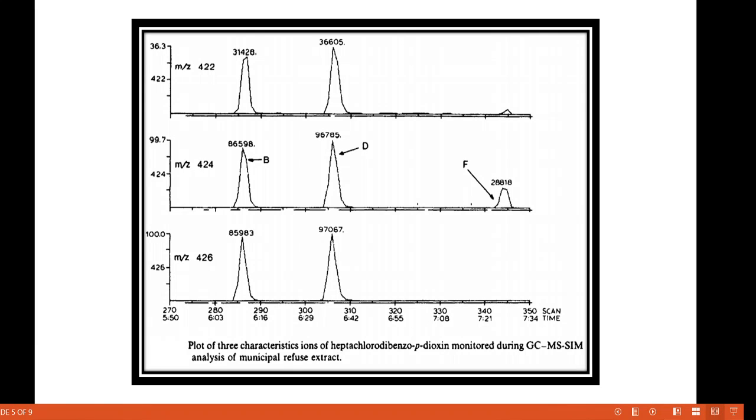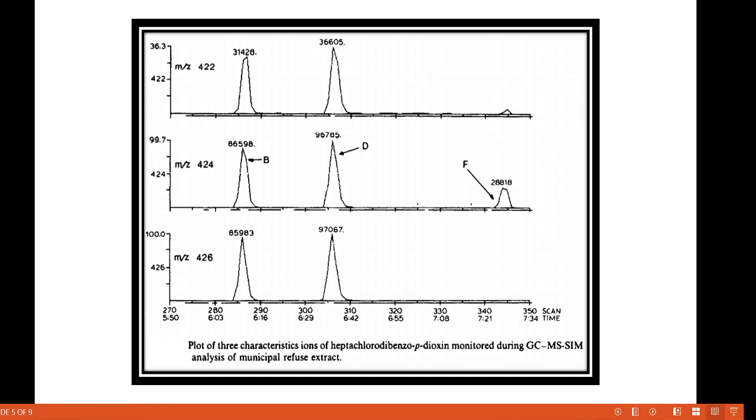Next is a plot of ion abundances of m/z values 422, 424 and 426 between the retention time 6 minutes and 7.5 minutes. This is the plot of the three characteristic ions of the previous slide.